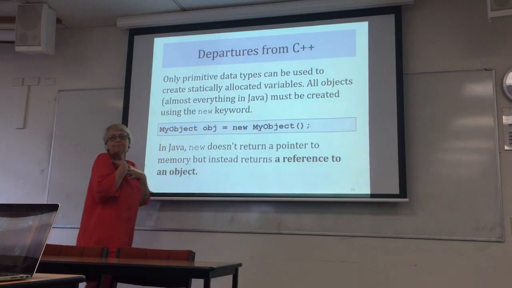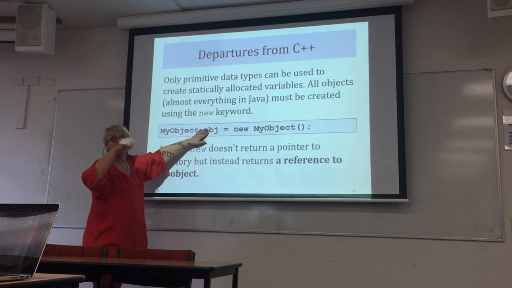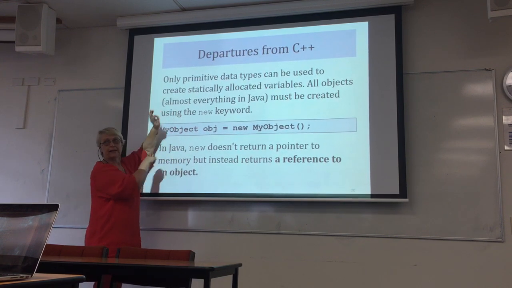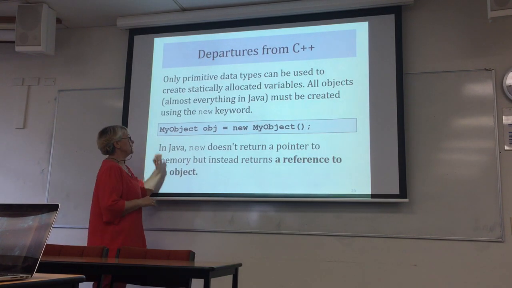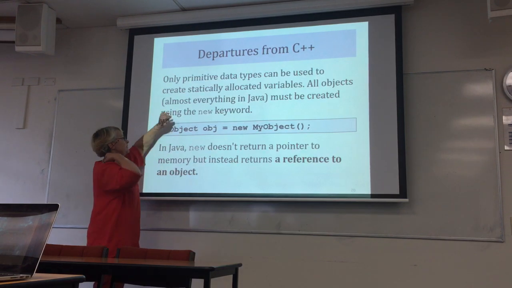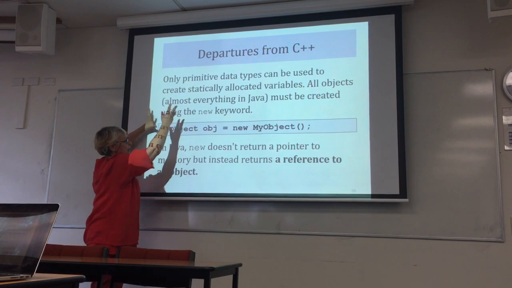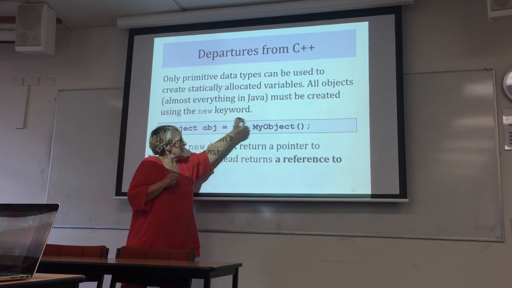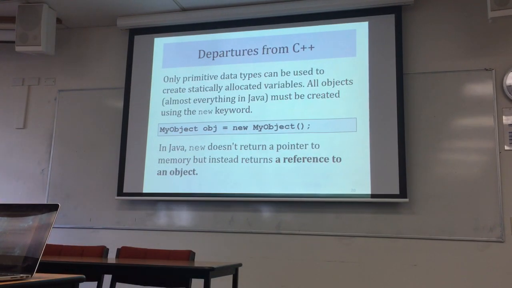If I have a type with a class, even strings should, in principle, be declared with new, because string is a class. But there is some syntax sugar behind the scenes, and we can skip using new for string. But if I have a class called my object and I declare a variable of that type, I have to use new and invoke the constructor. New object.